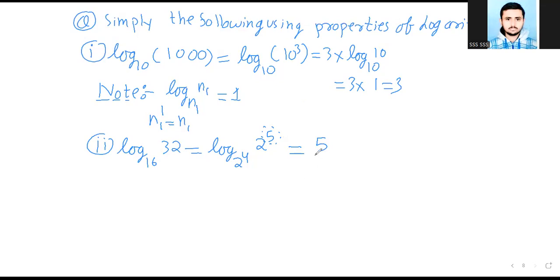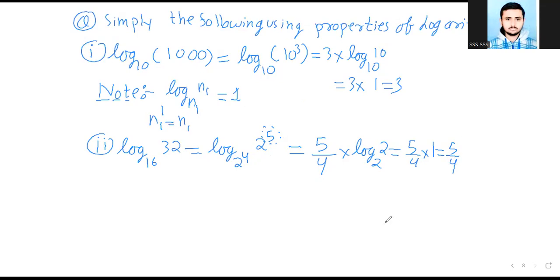So 5 would be in the numerator. The power of the base goes to the denominator. So you get 5 by 4 log 2 base 2. Once again, log n1 base n1 is 1. So you can say 5 by 4 into 1 is equal to 5 by 4.